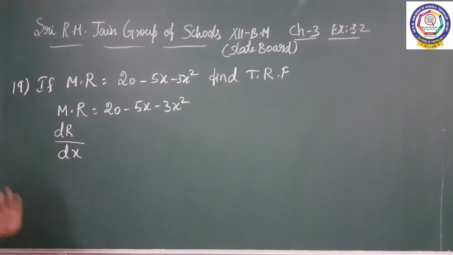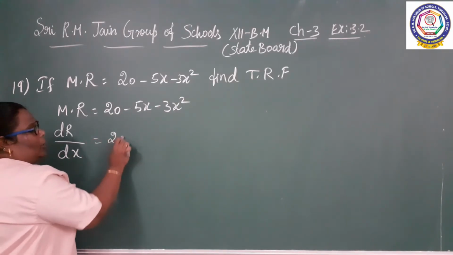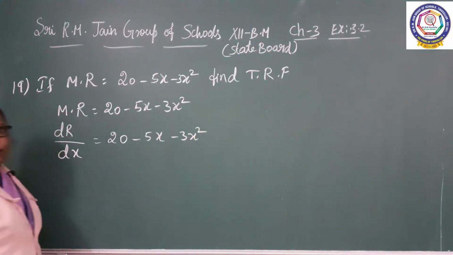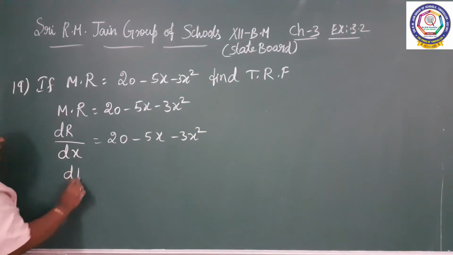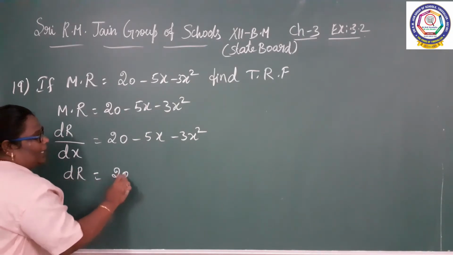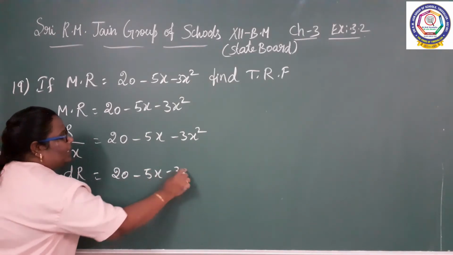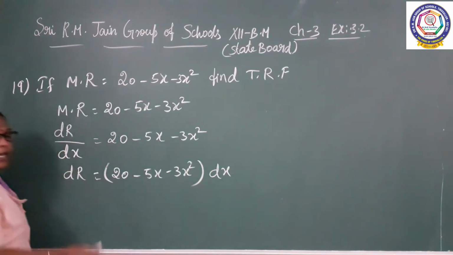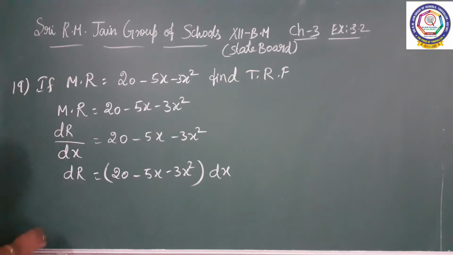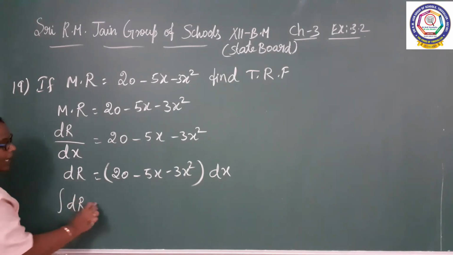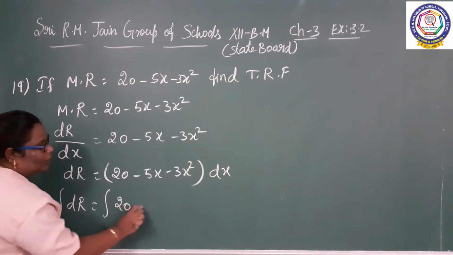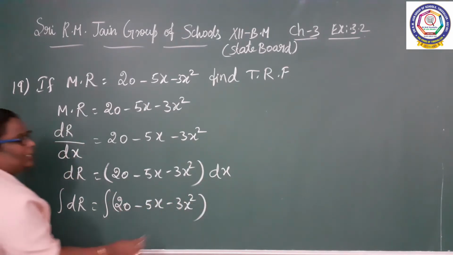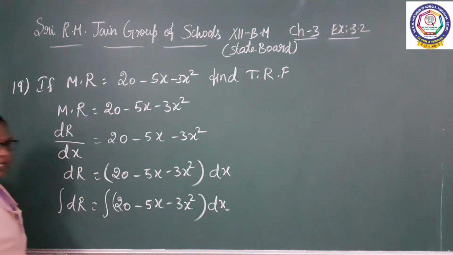It gives 20 minus 5x minus 3x square. dr equal to 20 minus 5x minus 3x square into dx. Integrating on both sides. Integral dr equal to integral 20 minus 5x minus 3x square into dx.